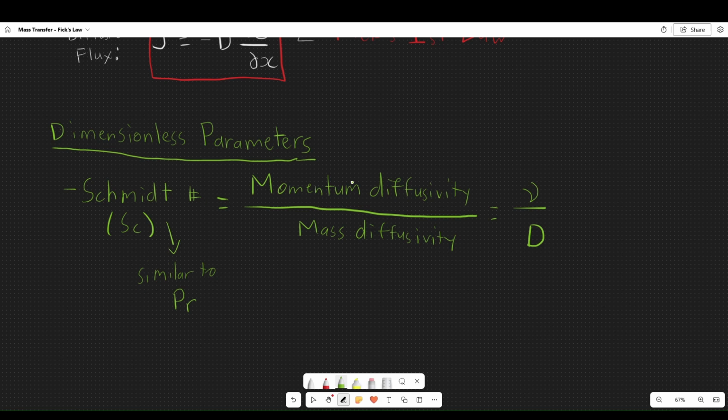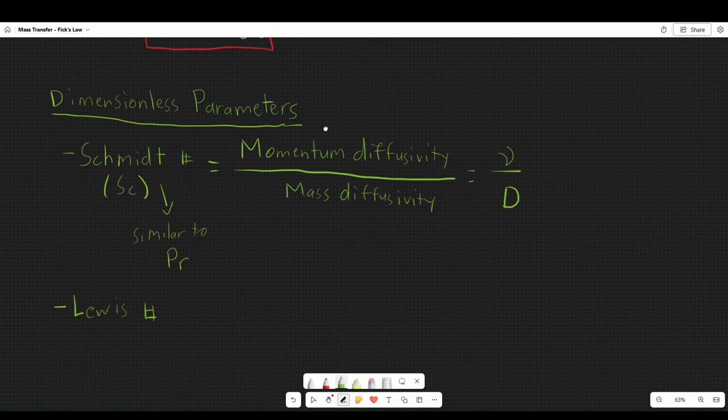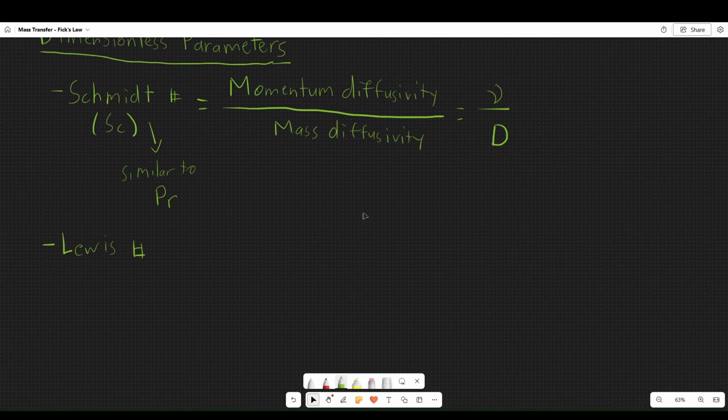We also have something else as a dimensionless parameter when it comes to mass transfer, and that's the Lewis number. And the Lewis number basically takes the approach of comparing the energy diffusivity to the mass diffusivity.